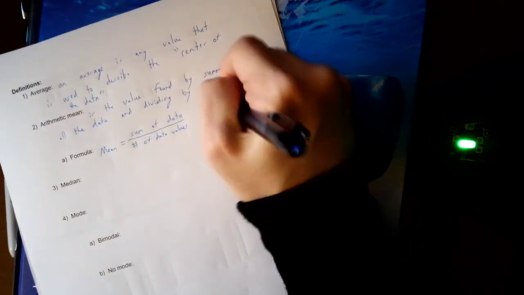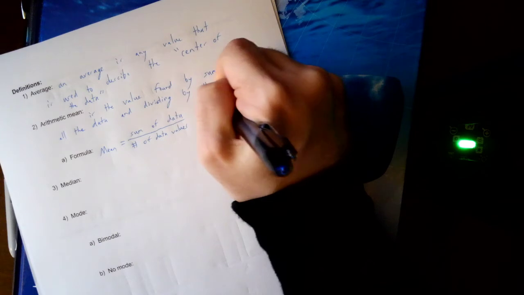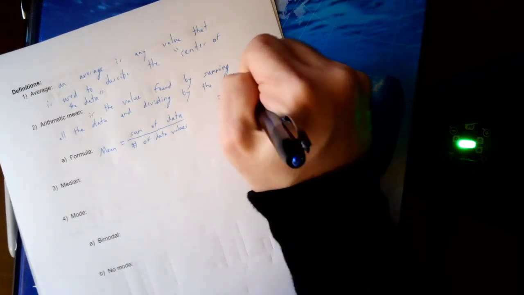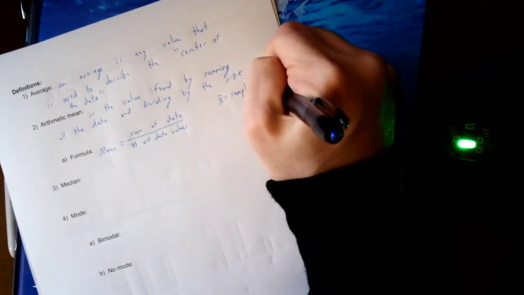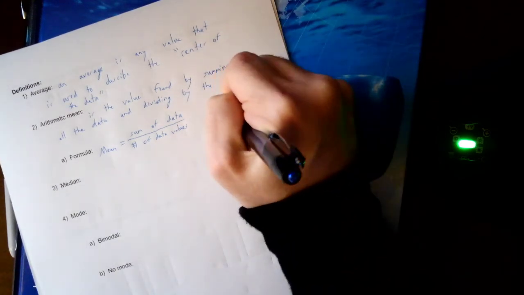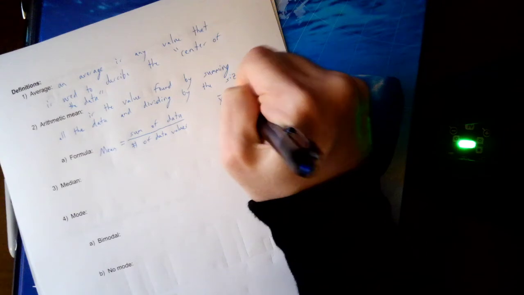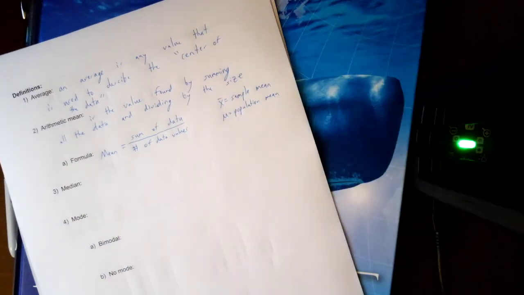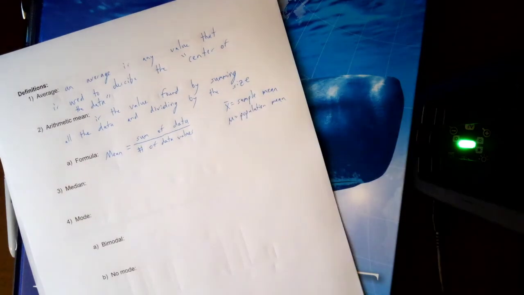We use two different symbols for the mean. We use x bar, x with a bar over it, for a sample mean, and we use mu for a population mean. One for sample, one for population.